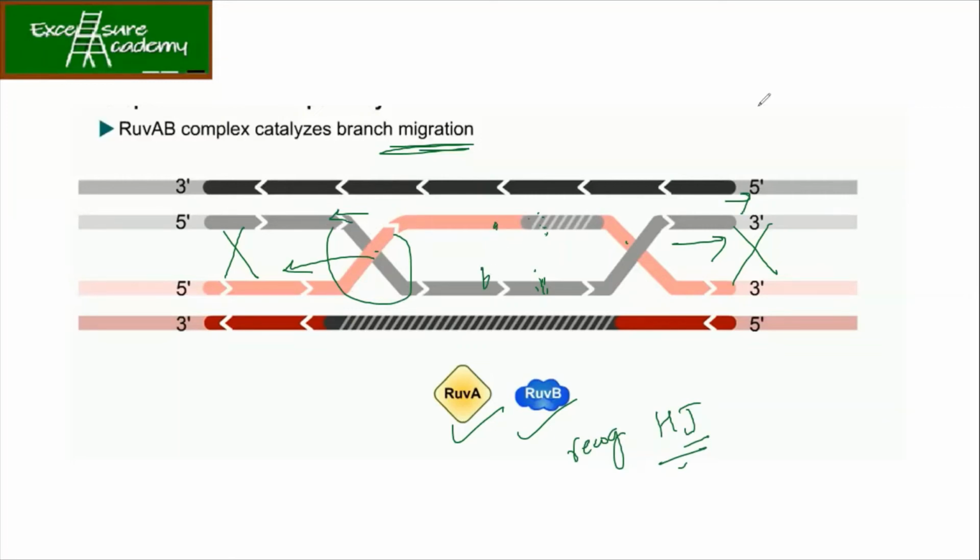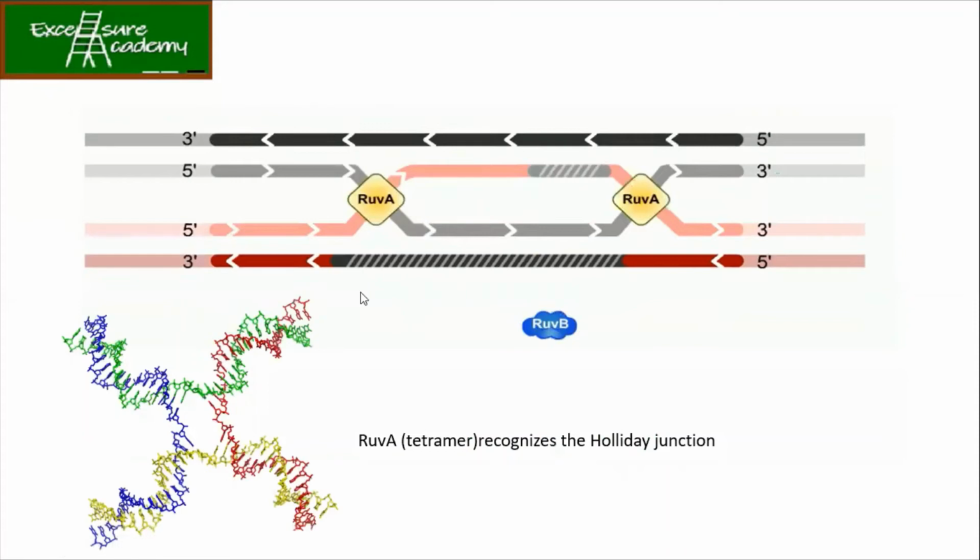Next, what is happening now? The RuvA and RuvB. RuvA's work is to recognize the Holliday junctions. This is how your Holliday junction looks like. You can see that there are 4 different DNA strands: green, red, yellow, and blue.